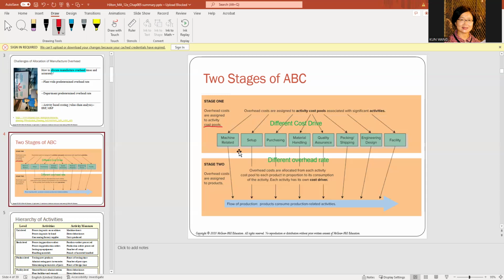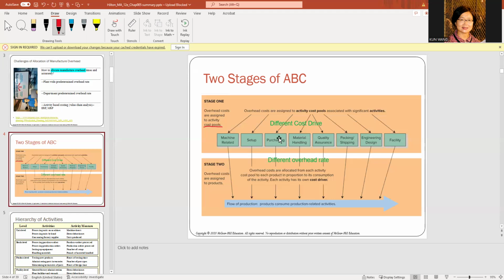Then you may have another cost pool for setting up the facilities. For setup, the cost driver might be the number of times, how many times every 1,000 or 2,000 units we need one setup of the operational facilities. So the number of setups may be a cost driver for the setup-related cost.